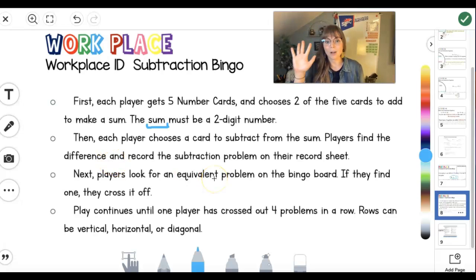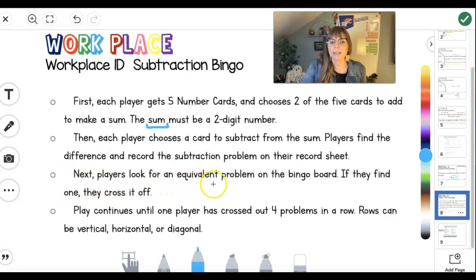So we get 5 cards, choose 2 of them to add together to make a sum that equals at least 10, a 2-digit number. Then each player chooses a card to subtract from the sum. Players find the difference and record the subtraction problem on their record sheet.